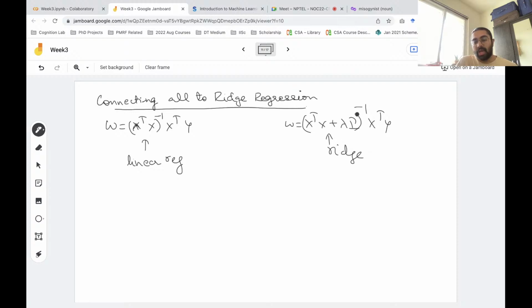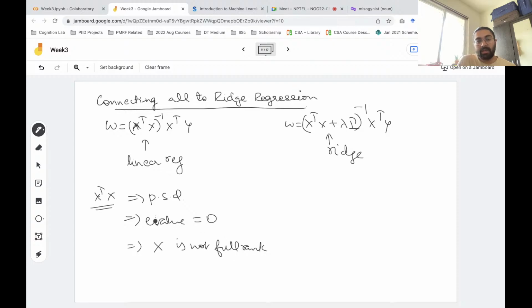We already saw in the first part of this lecture that x transpose x is a PSD matrix. So it's possible that its eigenvalue will be 0, and that happens if x is not full rank.